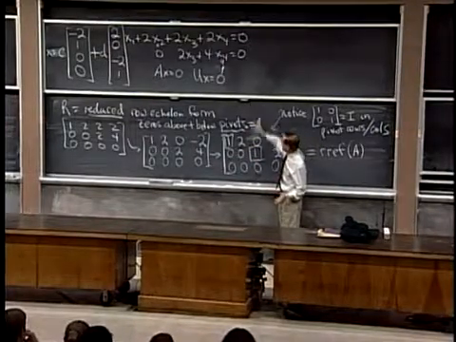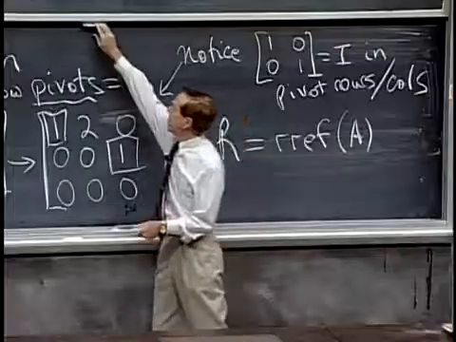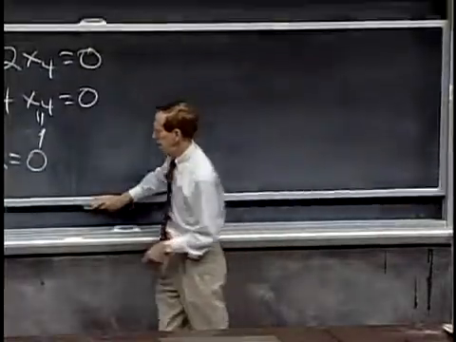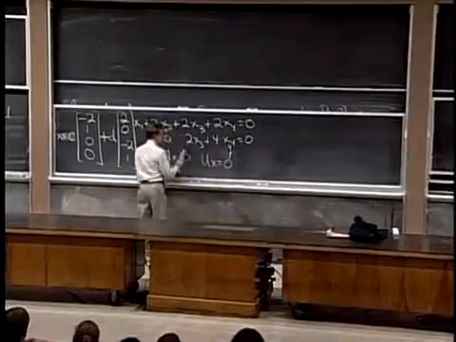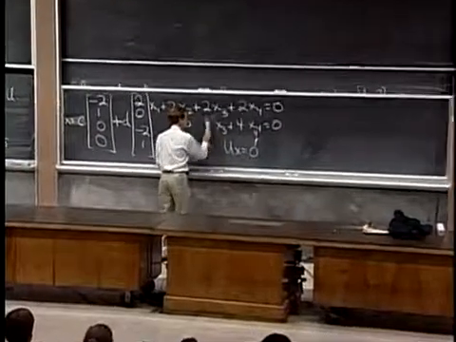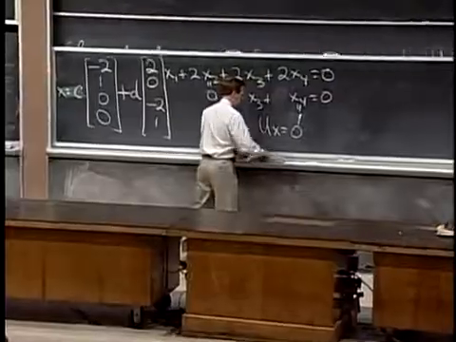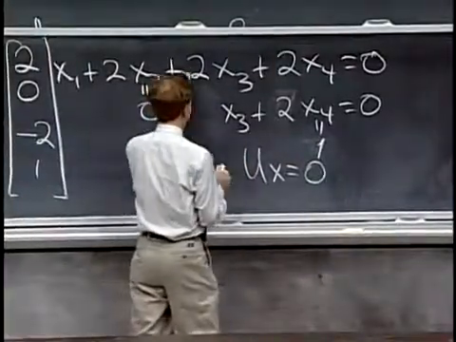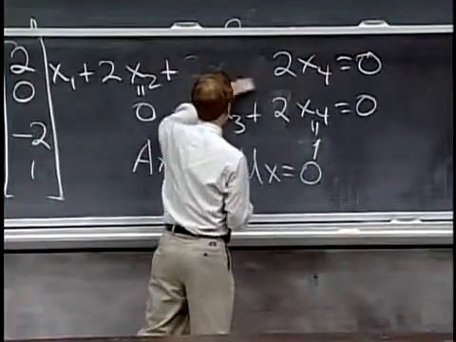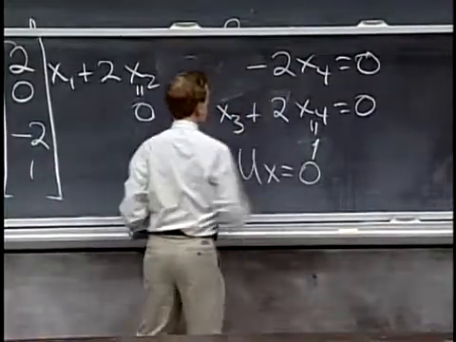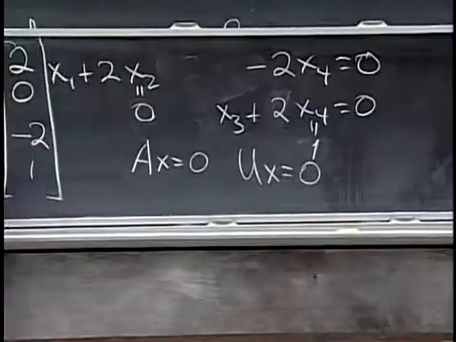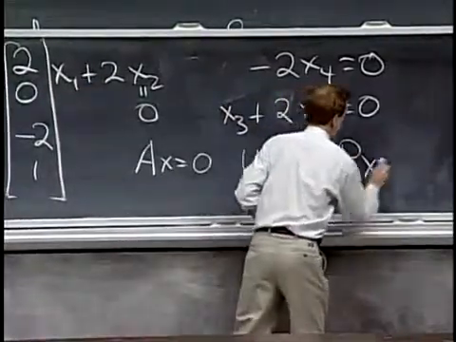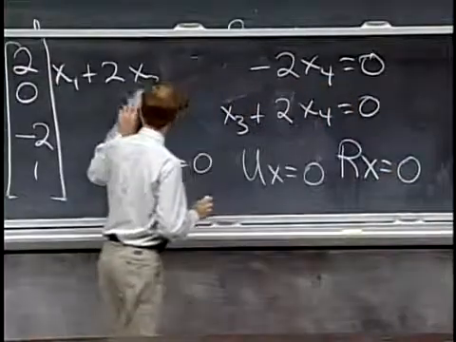Instead of that system, let me take this improved system. So I'm going to use these numbers, right? In these equations, what did I do? I divided this equation by 2. And I had subtracted 2 of this, which knocked out this guy and made that a minus sign. I've now written Rx equals 0.